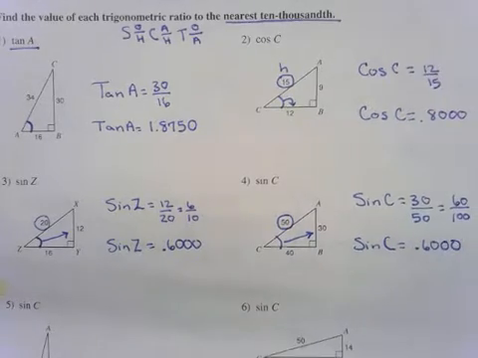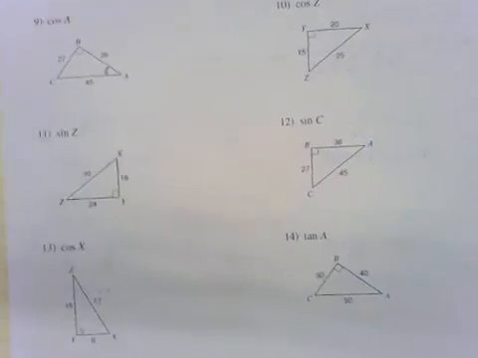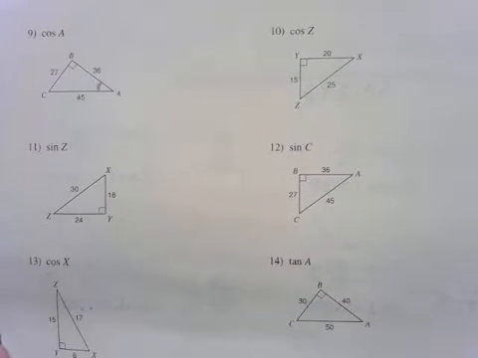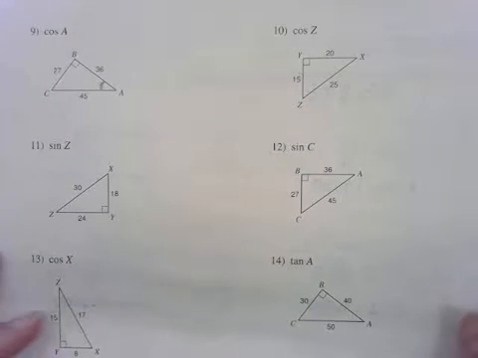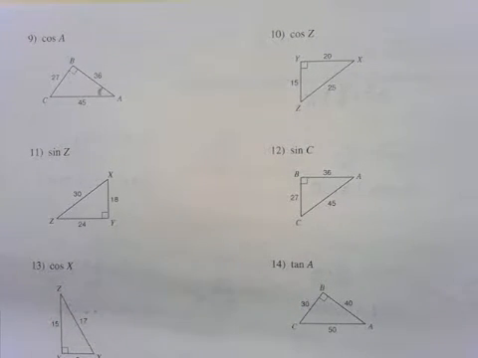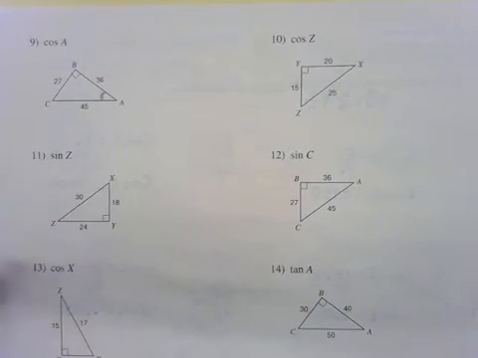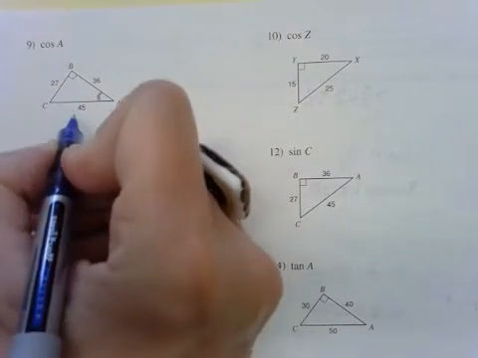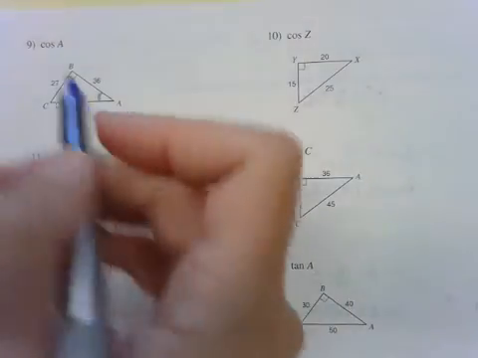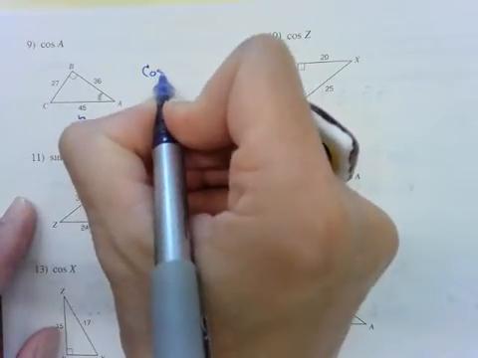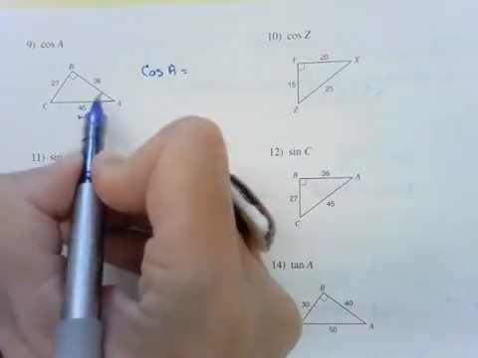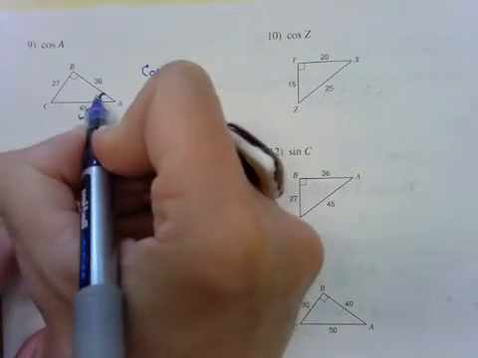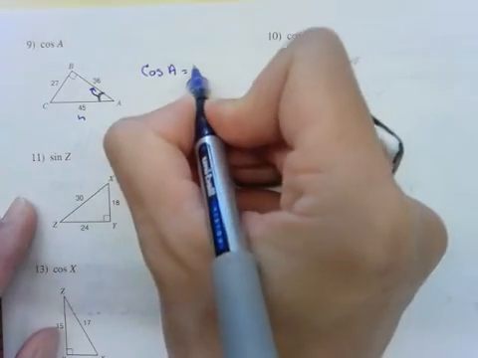So I'm going to flip this over because it gets a little bit more complicated when the orientation is a little off, right? So here in number 9, the orientation has the right angle up here. So I'm going to identify my hypotenuse, and if I'm looking for the cosine of A, I need to know that I'm marking angle A. The cosine, again, is the adjacent leg over the hypotenuse.